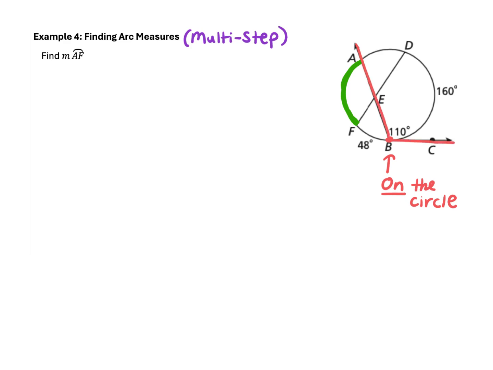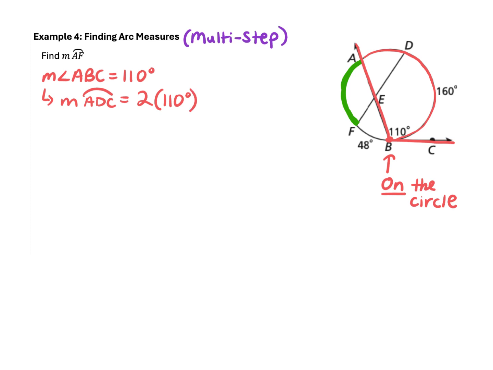We can see that the measure of angle ABC is 110 degrees. And the measure of its arc, which is arc ADC, see how that arc is formed by the angle? Well, the arc is twice the measure of that angle.